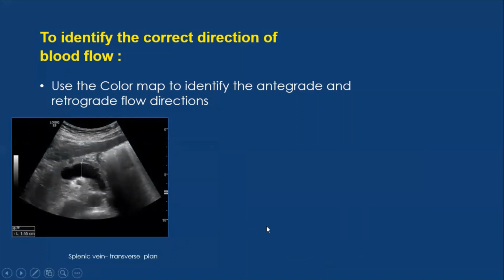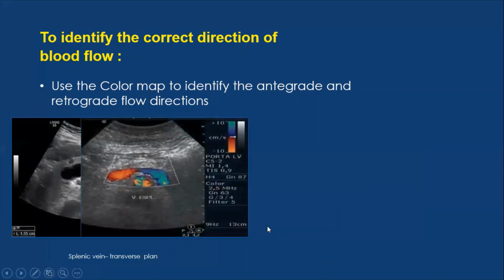A good example also here is the splenic vein. We have two colors for the same vein, because the blood is coming from this side going to the spleen. So here it is against the beam, red, and away from the beam is blue.